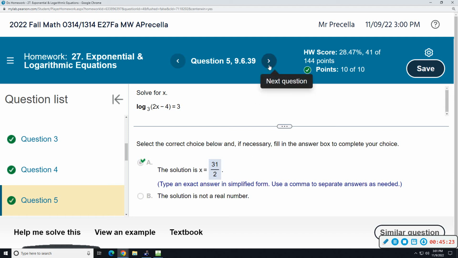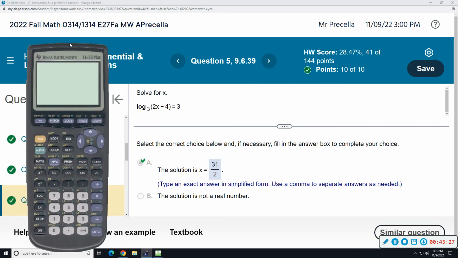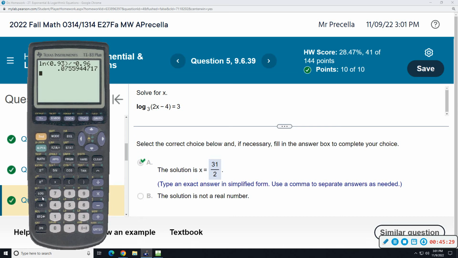We can't take the log of a negative number. It doesn't matter what type of logarithm. If you hit a logarithm key and then put a negative number after that logarithm, it's going to say error, non-real answer. Okay? If you find yourself choosing that, you probably messed up. Okay?